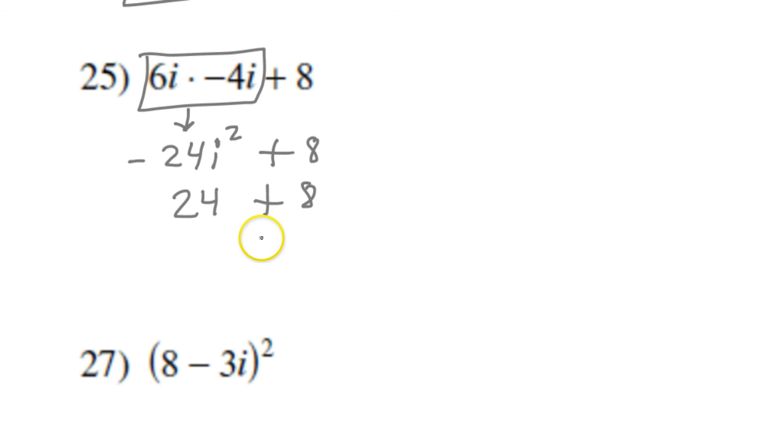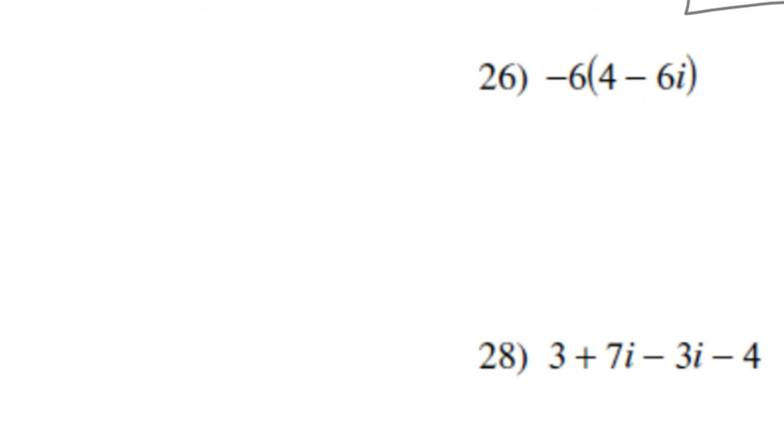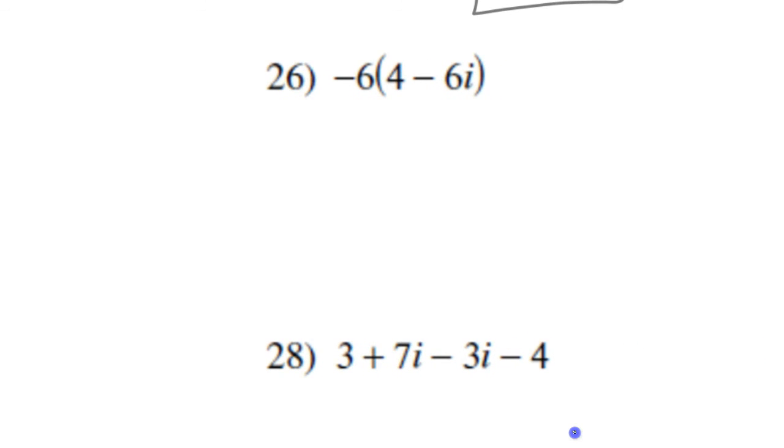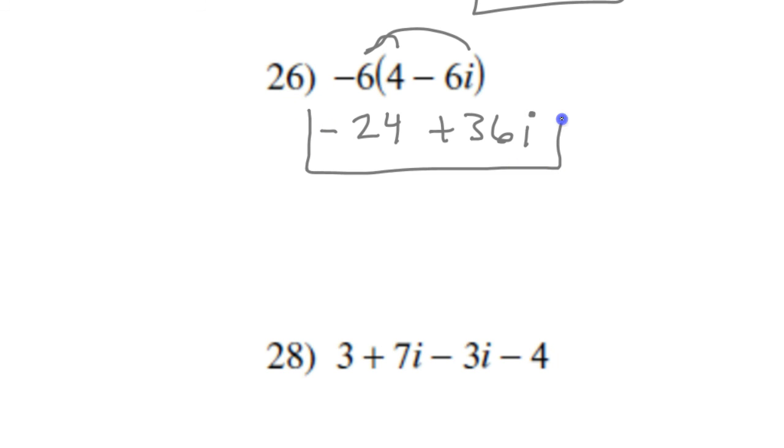So that's just going to give us 32. Now here I've got just a basic distributive property, so that's going to give us -24 plus 36i. And that's it. That's all there is to that. That's pretty simple.